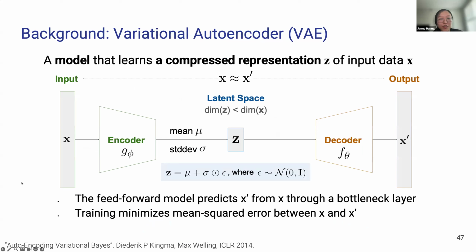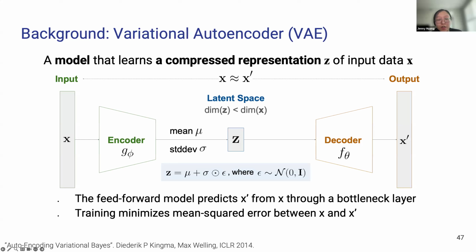It is a feed-forward model that predicts the output X prime from input X through a bottleneck layer with reduced dimensions.